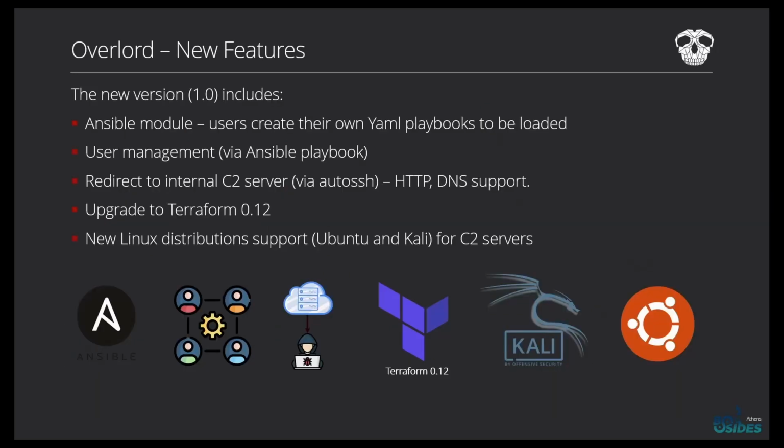Okay, so I haven't mentioned it previously, but Overlord was presented for the first time last October in Cyprus. When we submitted to Black Hat, we promised a major upgrade with new features. So the new version now includes the Ansible module, which is used to load the YAML playbooks and install anything the user wants on servers.